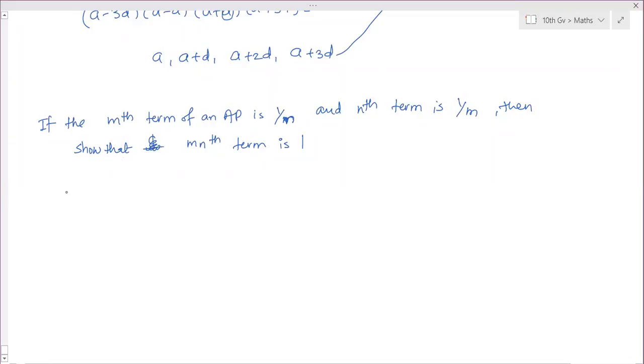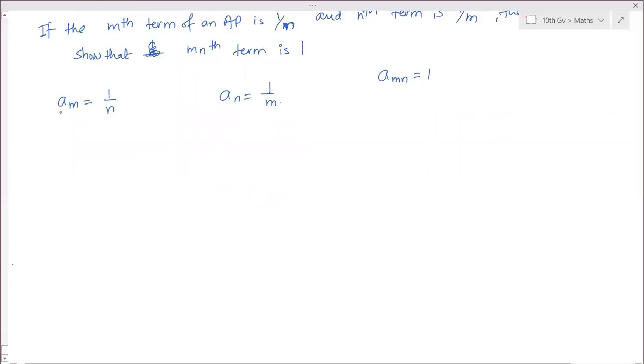So mth term means am is equal to 1 by n and an is equal to 1 by m. We have to show that the mnth term is equal to 1. Same method we have to use as we used for numbers. Linear equations in two variables we will get, and we have to solve those.